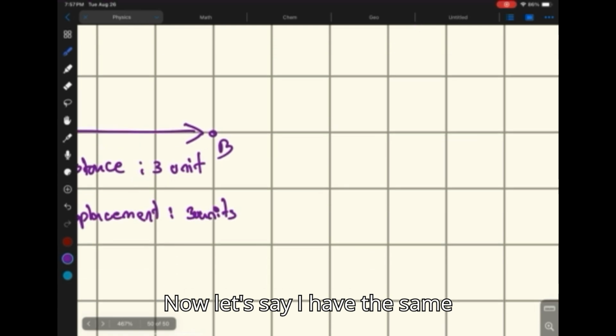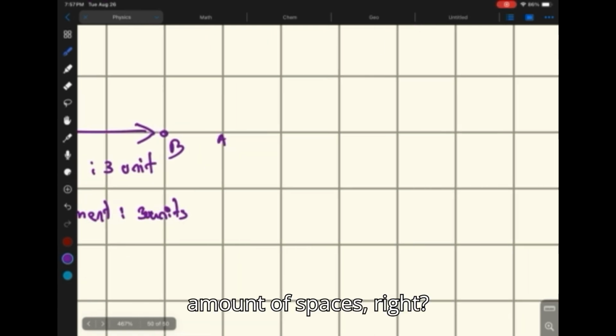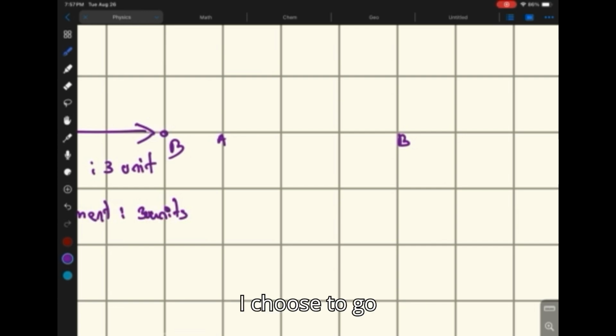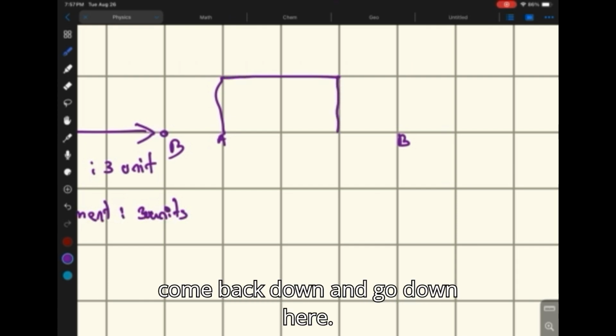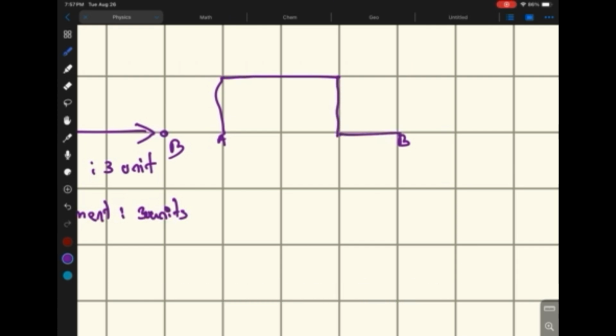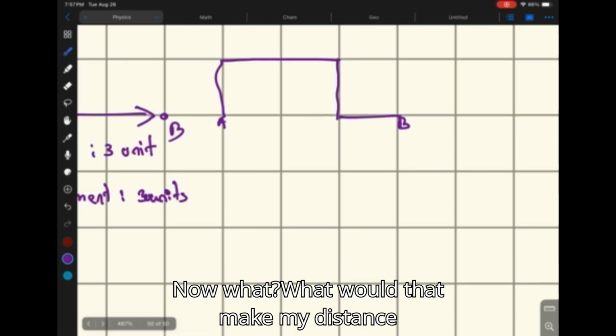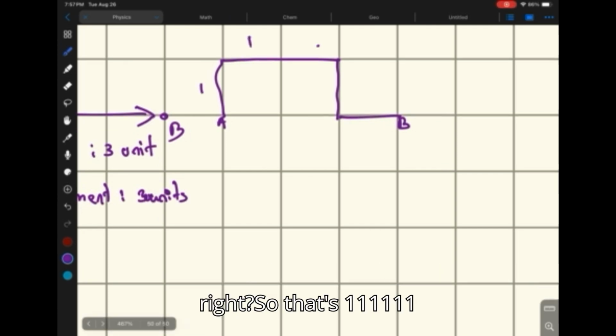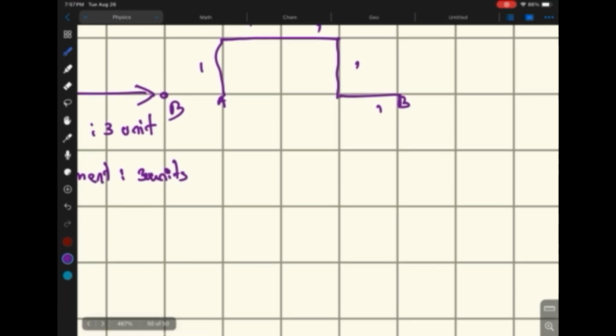Now let's say I have the same amount of spaces. I choose to go from A up there, up here, come back down, and go down here. Now what will that make my distance? So that's 1, 1, 1, 1, 1.